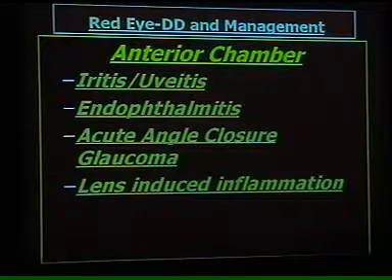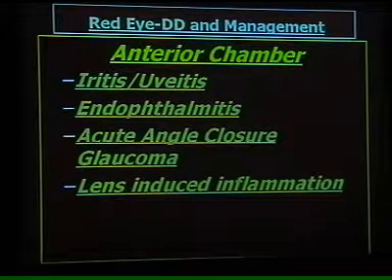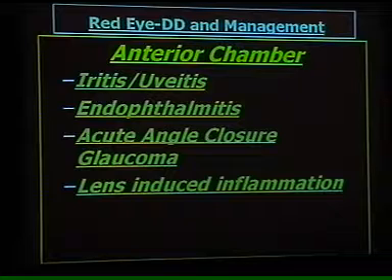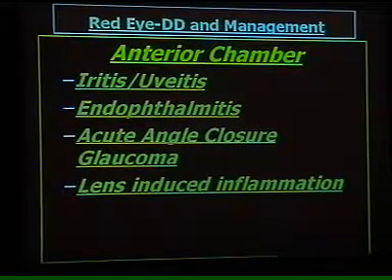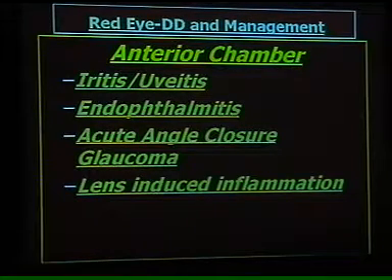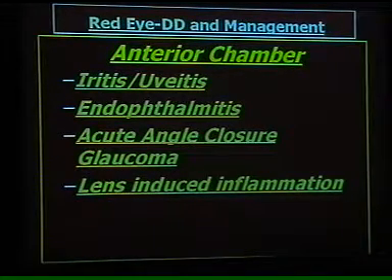There could be 3 types of uveitis: anterior uveitis, posterior uveitis, and the barrier is the lens. Inflammation anterior to the lens is anterior uveitis, inflammation posterior to the lens is posterior uveitis, and when both anterior and posterior are involved, it is called a panuveitis.